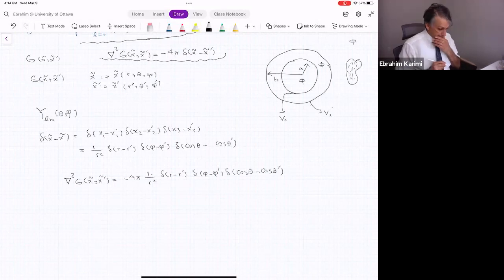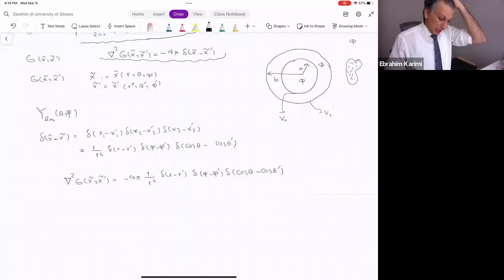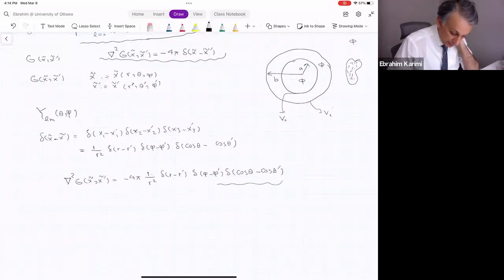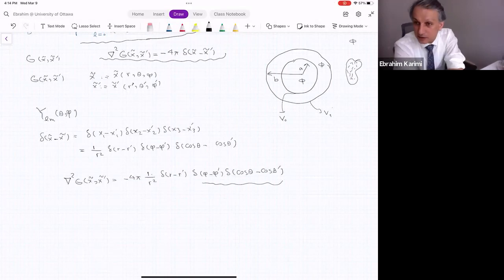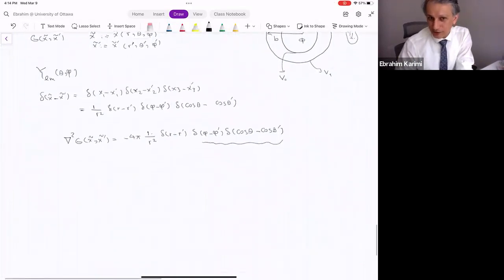Now, this angular part can be expanded in terms of spherical harmonics, because this is the completeness relationship between phi, phi prime, theta and theta prime.